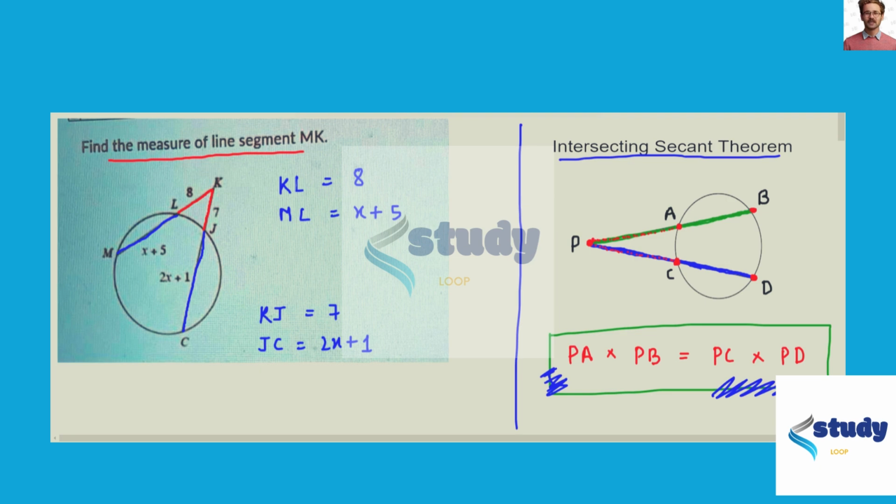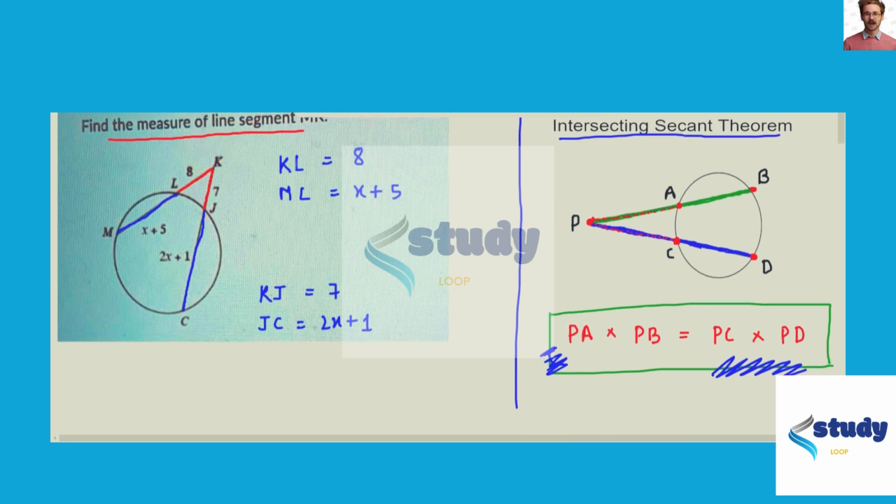Now, coming to our question, by the intersecting secant theorem in this diagram, we can write that KL times KM will be equal to KJ times KC.